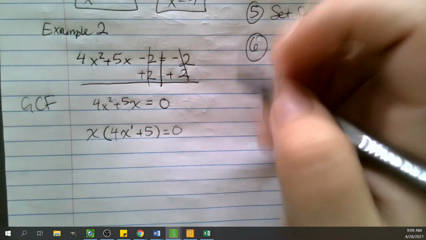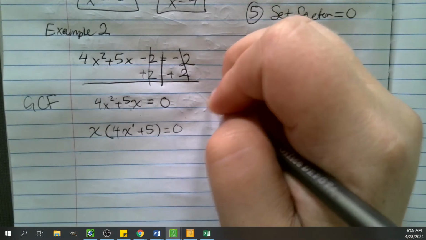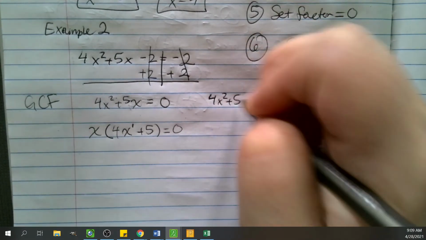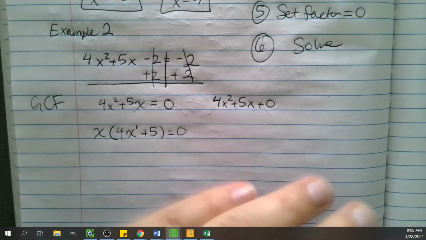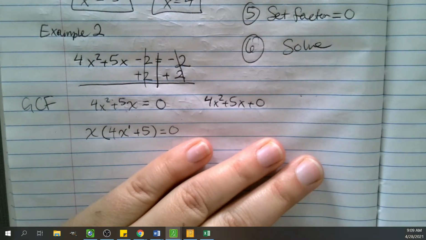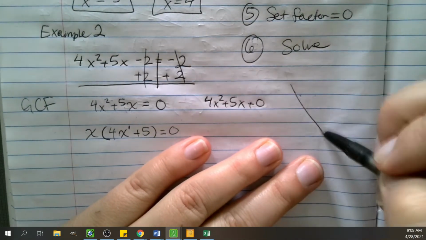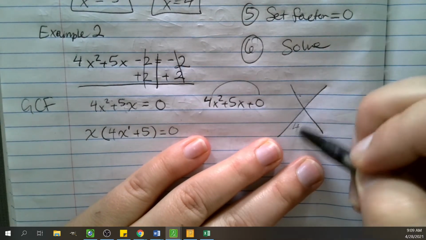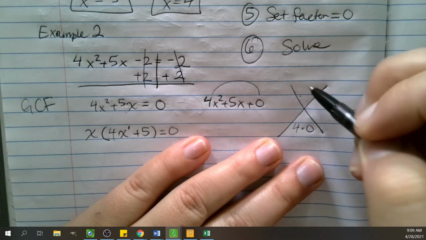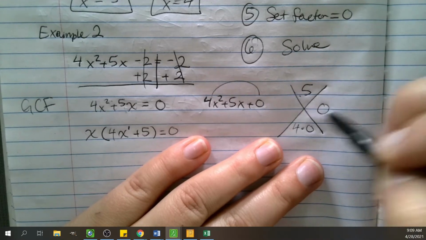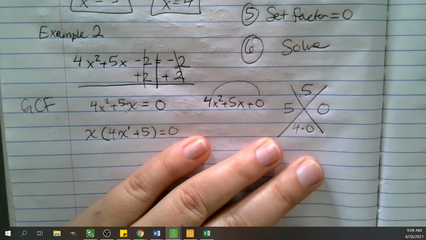Now, if you really want to, you could think of it as a 0 there. But it's going to be really hard because then you're going to be like 4 times 0, 5, okay, 0, 5.